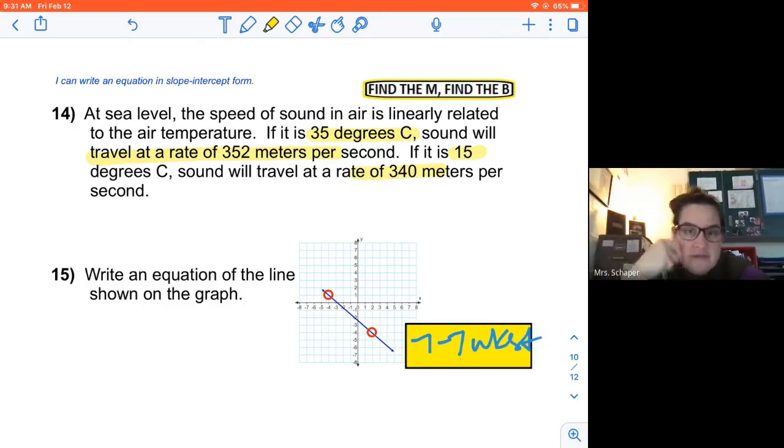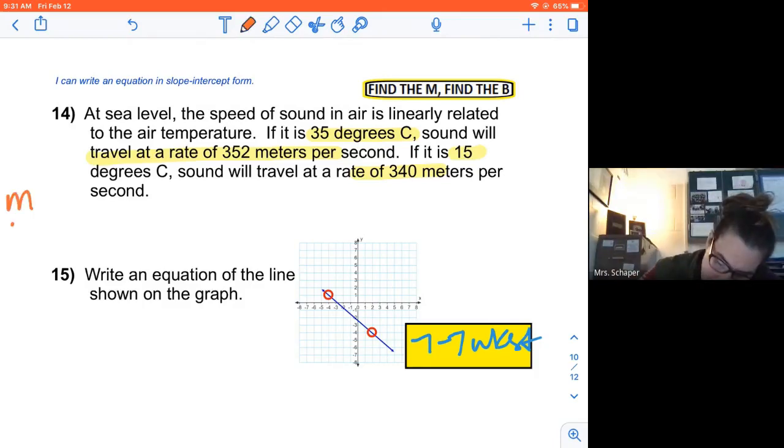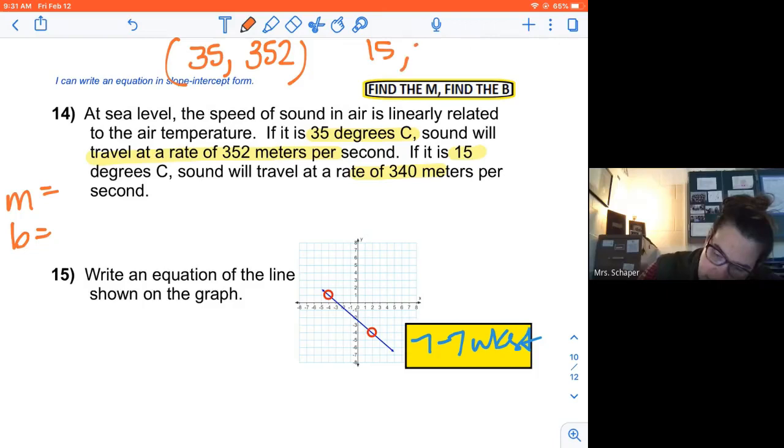Okay? So we have to write an equation. I need to know the rate of change, and I need to know the beginning. Okay? So at 35 degrees, my rate is 352. And at 15 degrees, my rate is at 340.